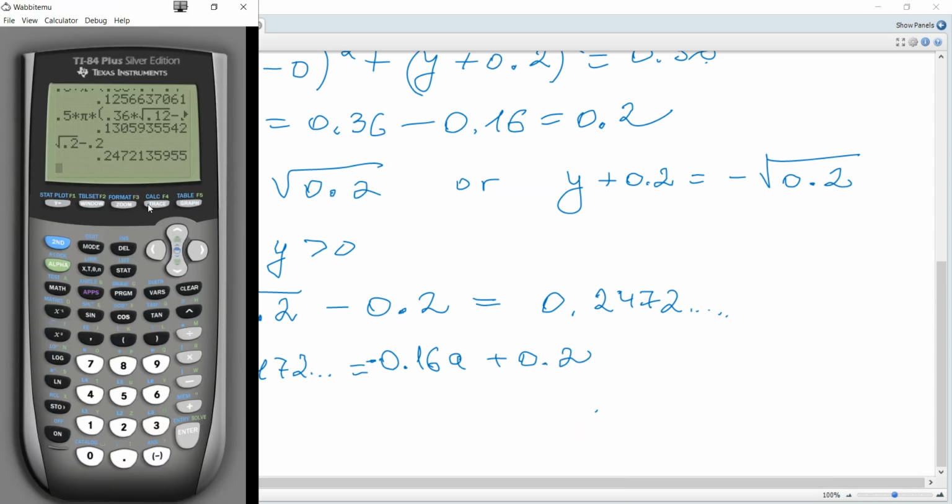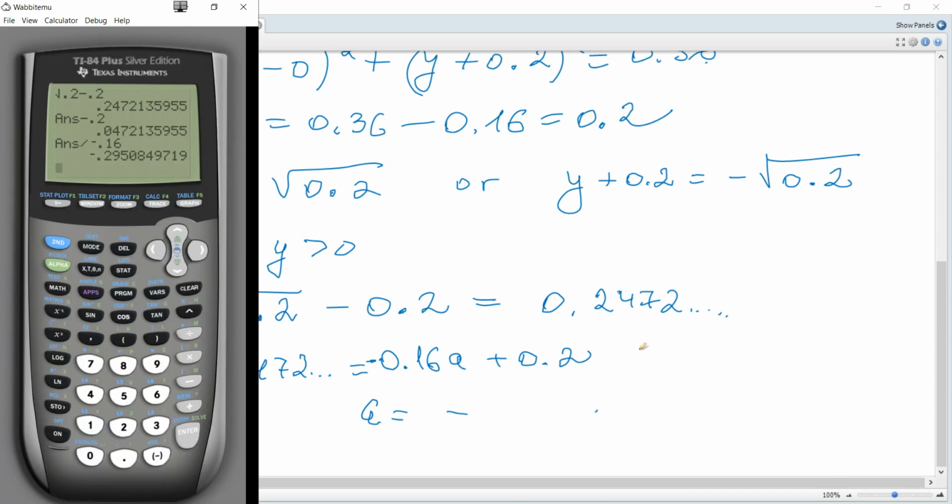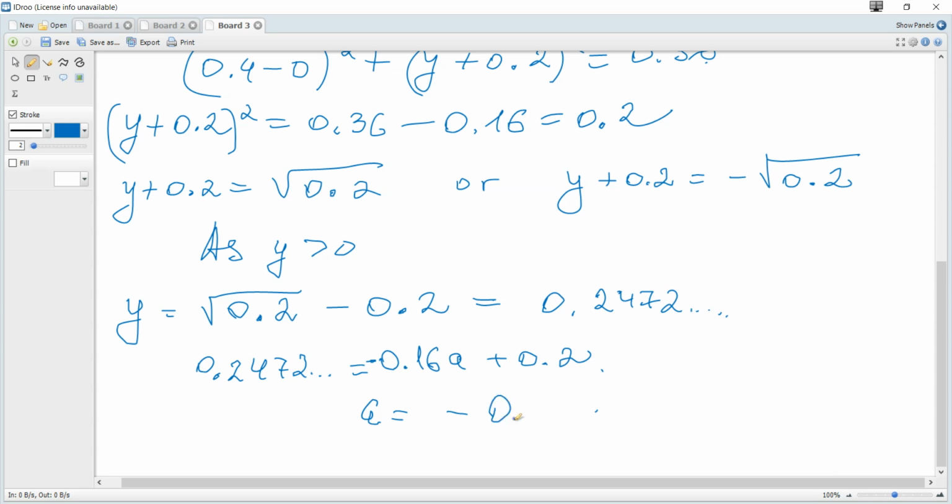Hence this answer minus 0.2 and then divided by negative 0.16, a becomes negative 0.295 to 3 significant figures.